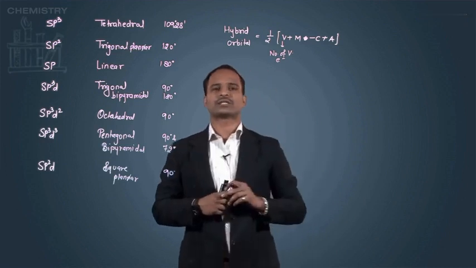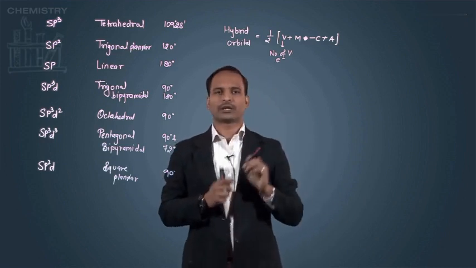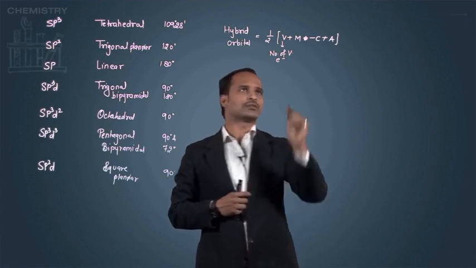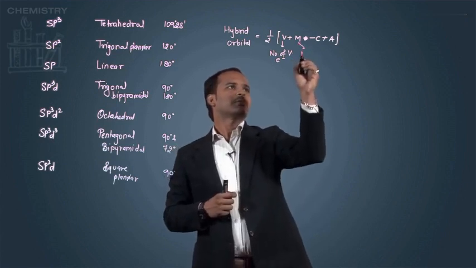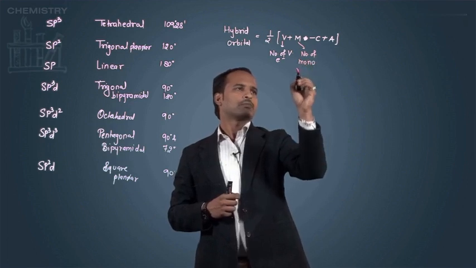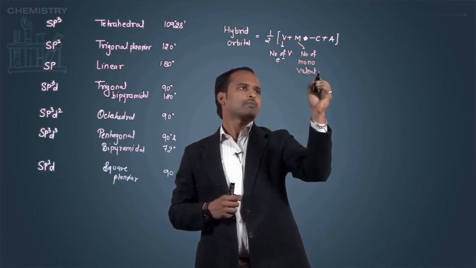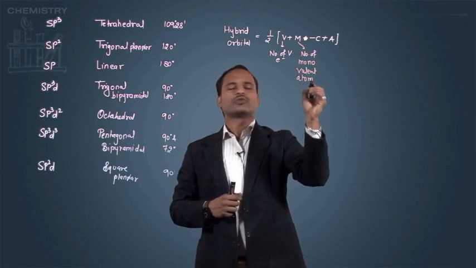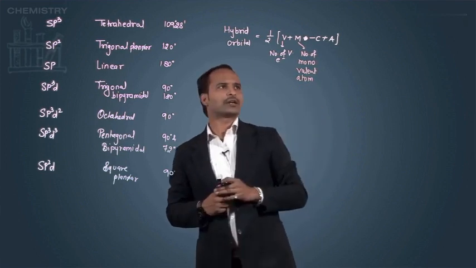So V is the number of electrons present in the valence shell of the central atom. M stands for the number of monovalent atoms bonded to the central atom.